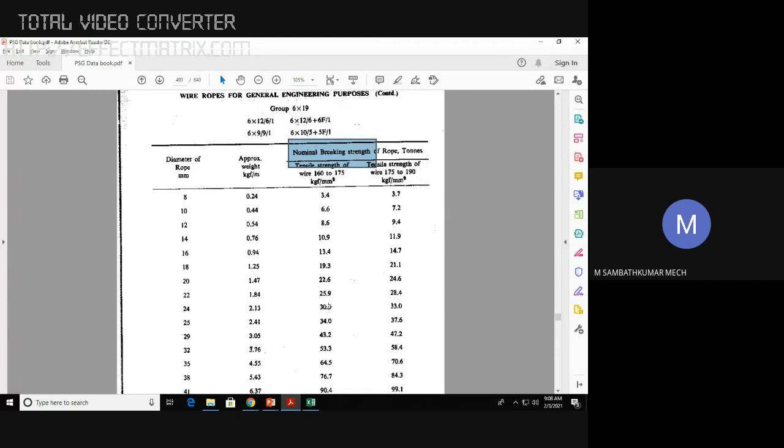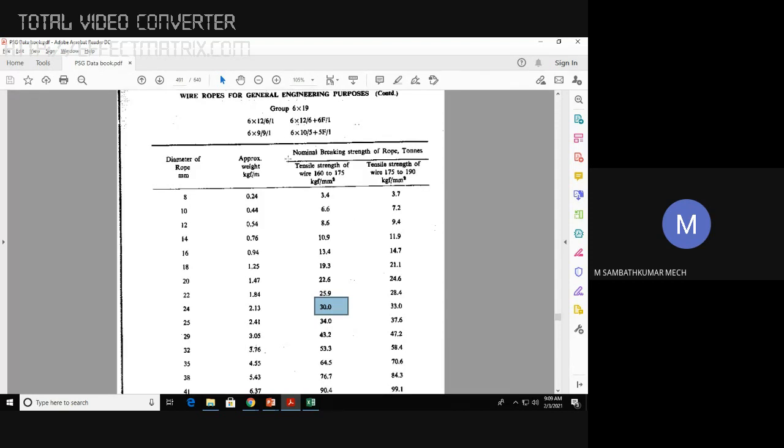The breaking strength range is in terms of ton. Last class we already discussed, 300 kilonewton is equal to 30 ton. So the design load range is up to 300. You should design for a minimum of 300 kilonewton or 30 ton, or above. You can choose in the first column the tensile strength range of 160 to 175, or the tensile strength range of 175 to 190.